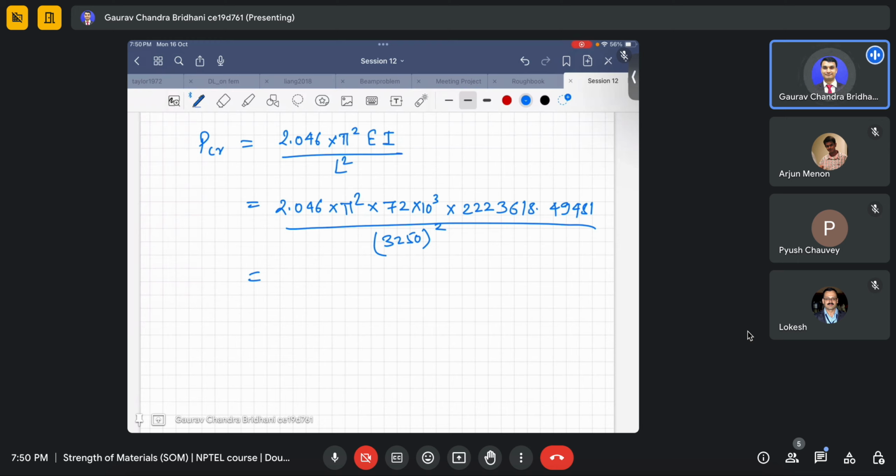The values we have put are in mm, E is in GPa, so that is correct, and this is in m to the power 4, m square.